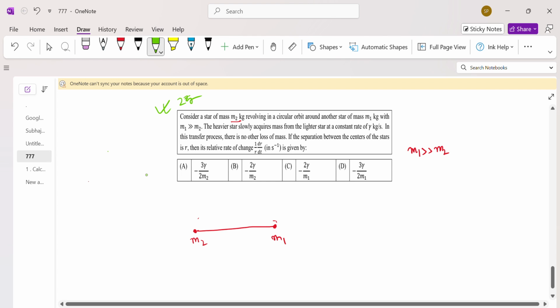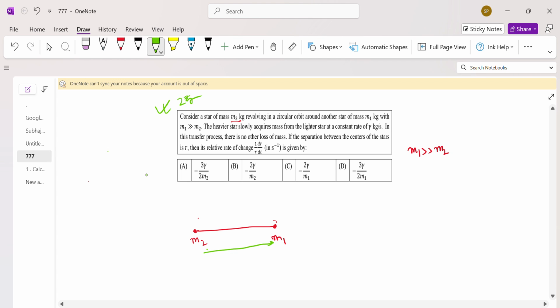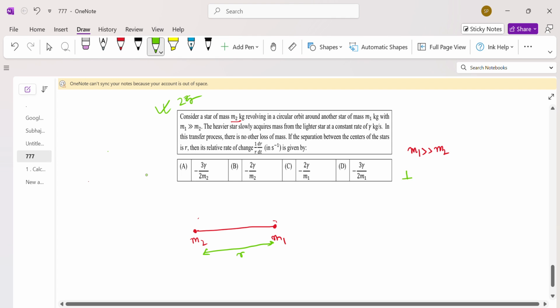Let's say at a particular time, this is the particular distance between m1 and m2. We are asked to find 1 by r dr over dt, and we are given that dm2 dt is equal to minus gamma, and dm1 dt is equal to gamma.